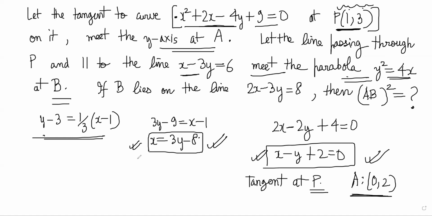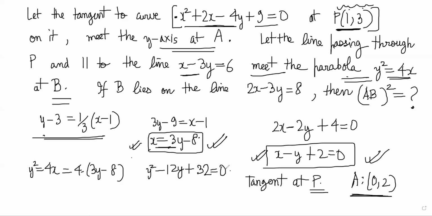For that, I have to solve the line with the curve. Curve is y square equal to 4x and line is this. How do I solve it? I'll put the x here: 4 times (3y minus 8). So you get y square minus 12y plus 32 equals 0. And from here we get y can be 8 or y can be 4.